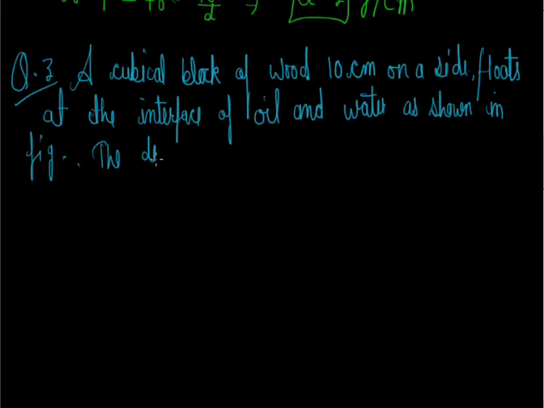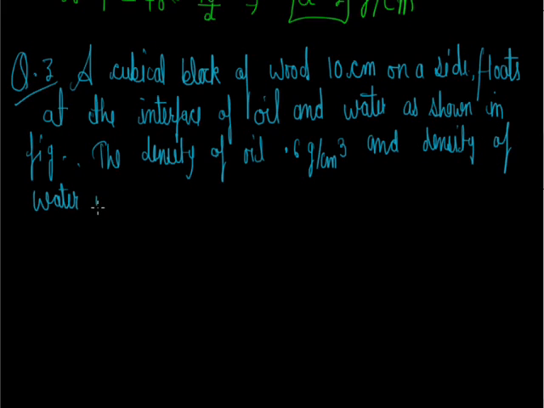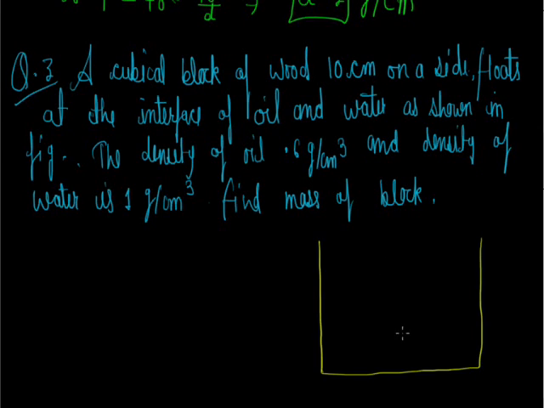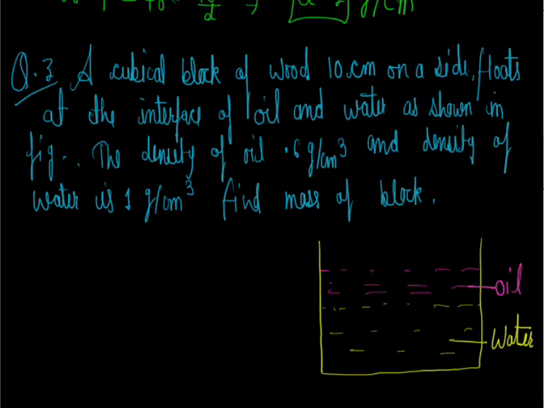The density of oil is 0.6 gram per centimeter cube and density of water is 1 gram per centimeter cube. Find the mass of the block. The figure given in the question is a container filled with water and oil, and a cubical block is floating like this. So here we have to find out the mass of the block.